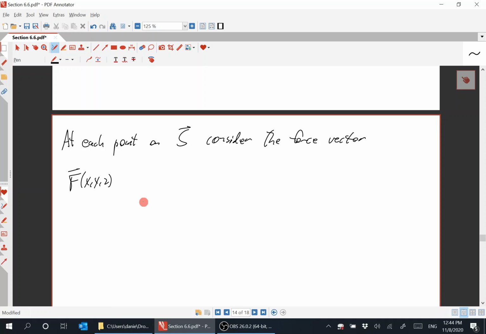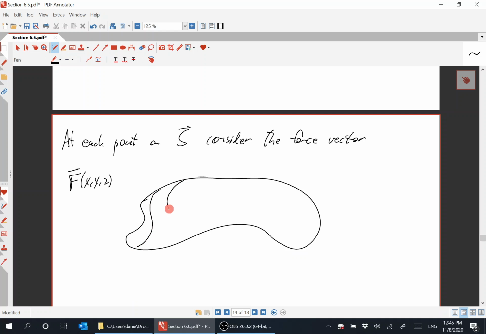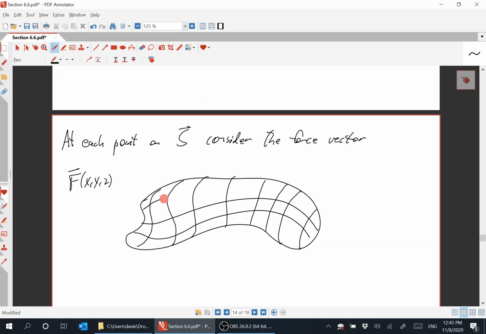The surface may be closed like a sphere, in which case it has an inside and an outside. So here's this surface.